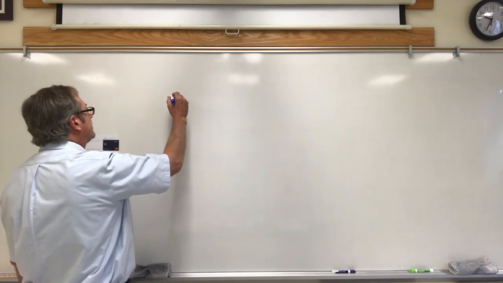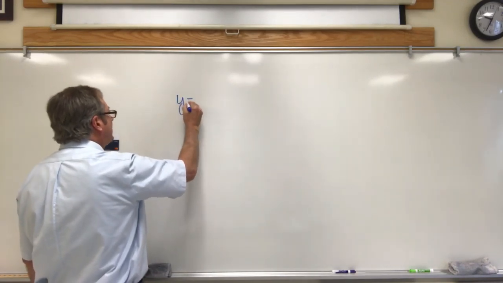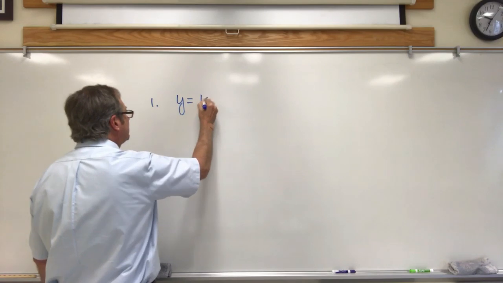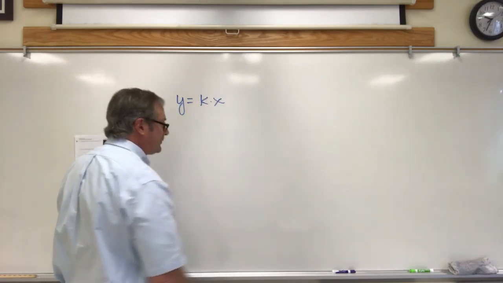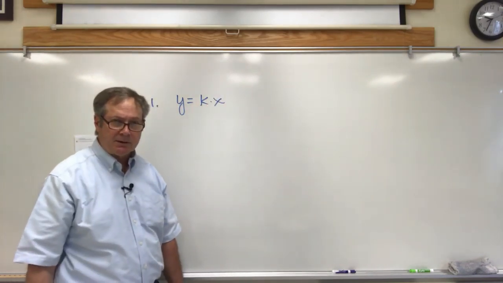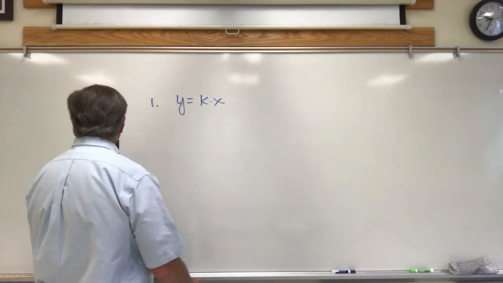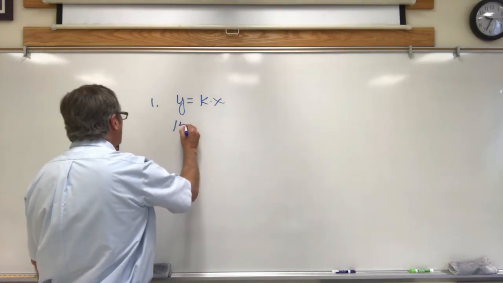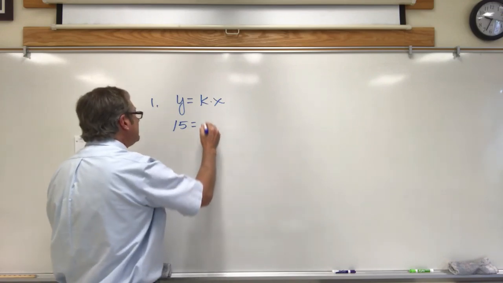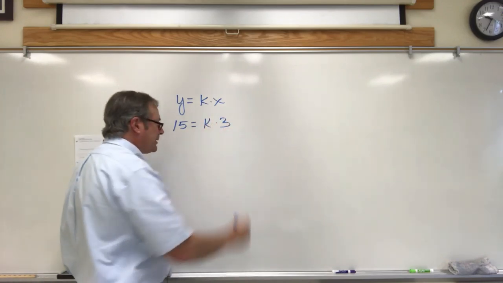Okay, so the key word is varies directly. So y varies directly with x. That's the very first thing that you want to note. Then it says that y is 15 when x is 3.